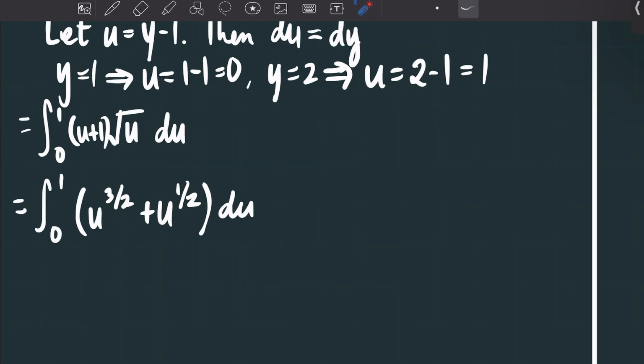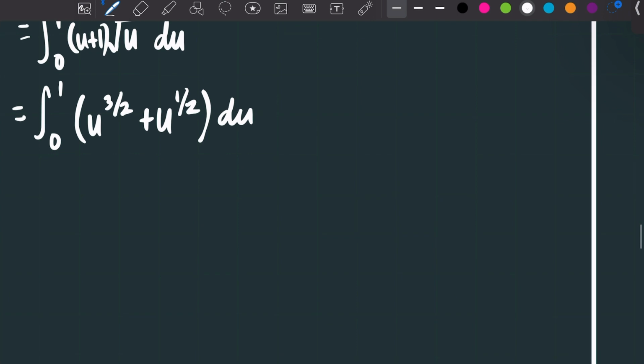Okay. And kaya na ba natin kunin yung integral nito? So what we have is a variable raised to a power na hindi equal sa 1. So pwede natin gamitin yung power rule.